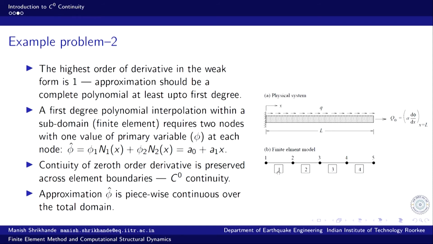So, element 1 will be defined by x1 and x2. These are the coordinates of the nodes 1 and 2. Element 2 will be defined by nodes 2 and 3, which are specified by their coordinates x2 and x3, and so on. And in a generic sense, it is the same type of element. So, that is being repeated all over.